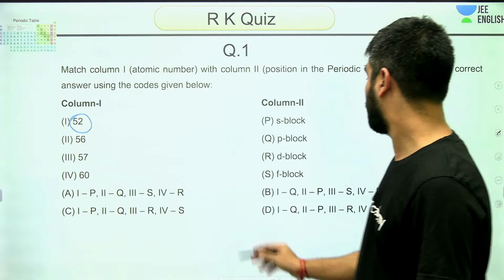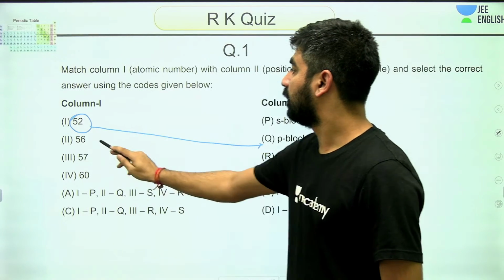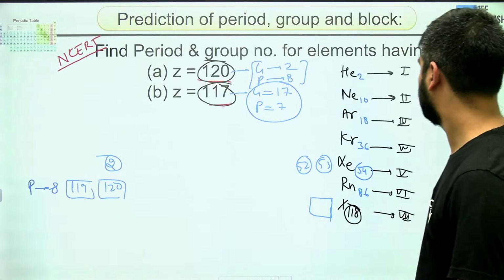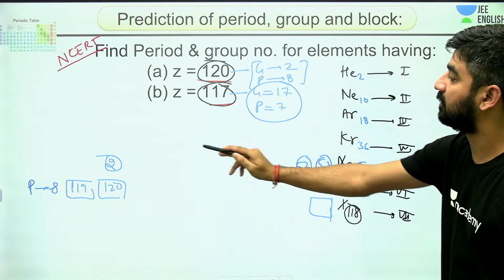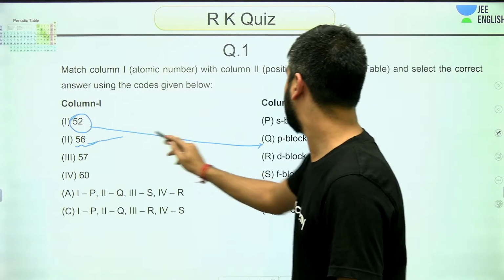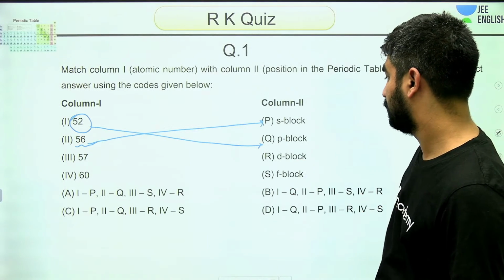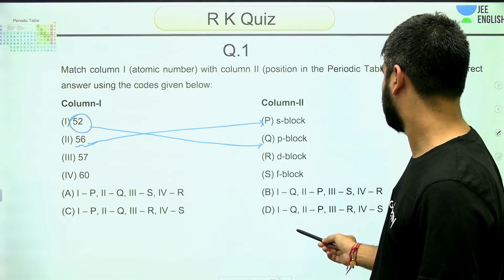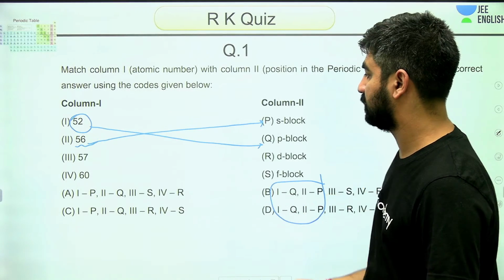So 52 will be a P block. And what about 56? So after 54 it will move to 55 and 6 S block element. So 56 will be S block. So just check 1 with Q and 2 with P. So these two can be the answers.